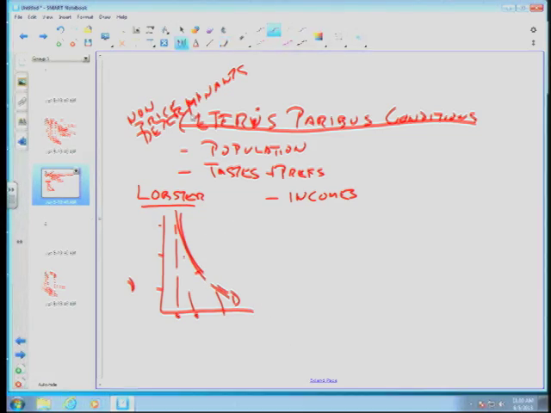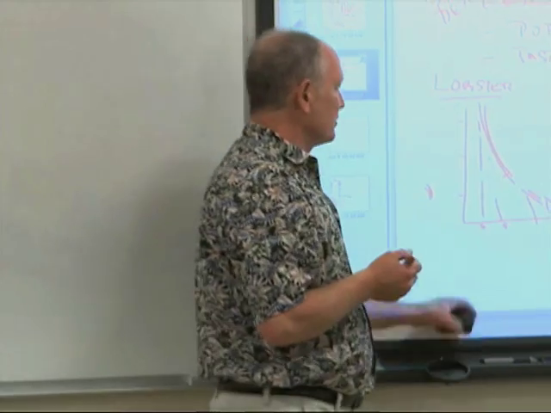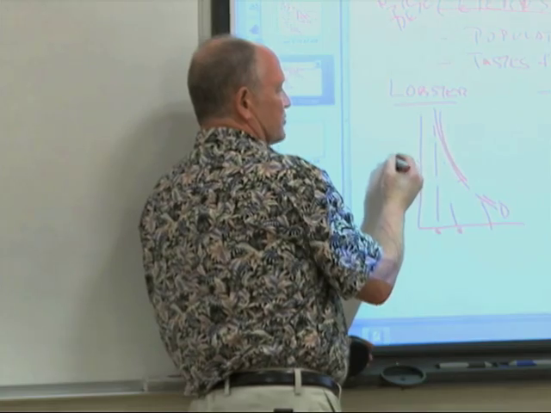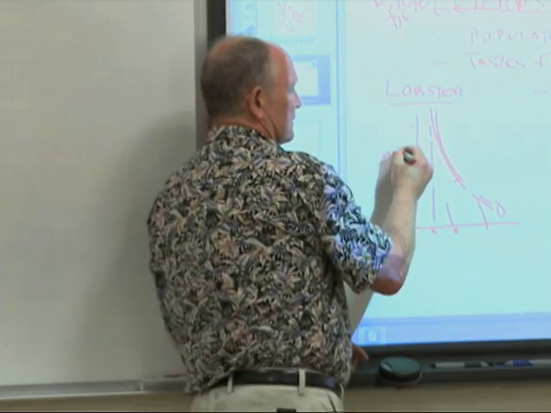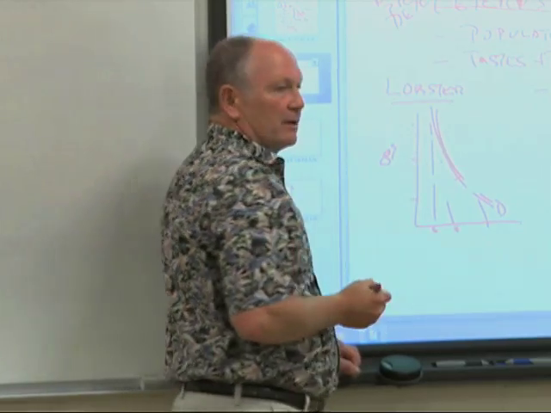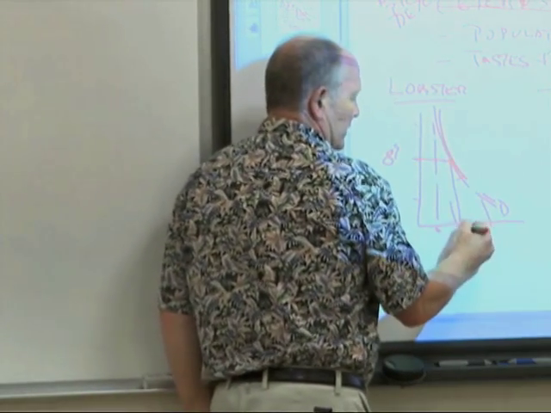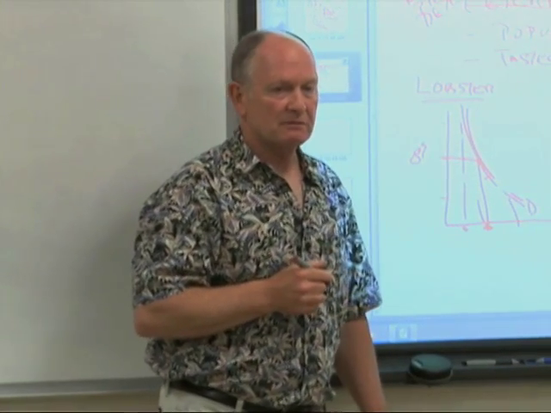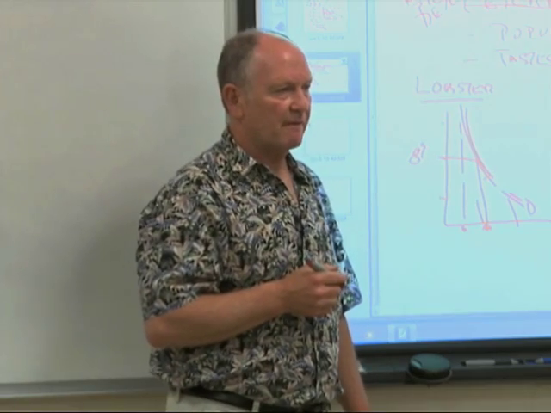Now, if you earn more money. Let's say you like to eat lobster once a month, and the price of lobster is $8 a pound. At $8 a pound, we're eating that quantity of lobster. If we all get a nice big raise, we're going to eat more lobster? Yeah, hell yeah.